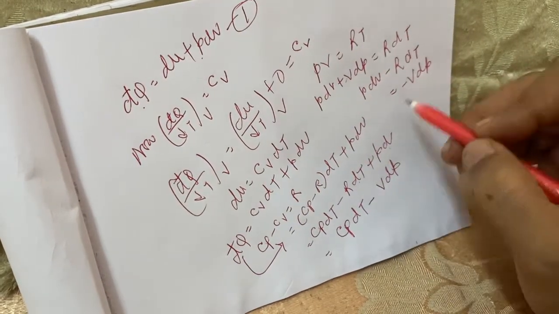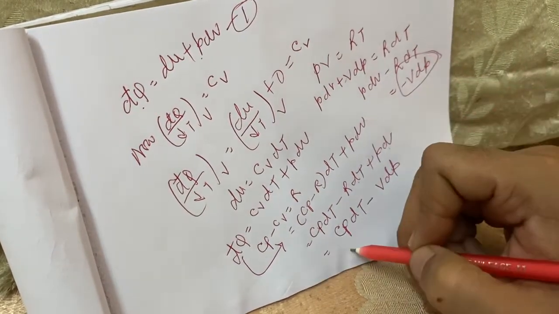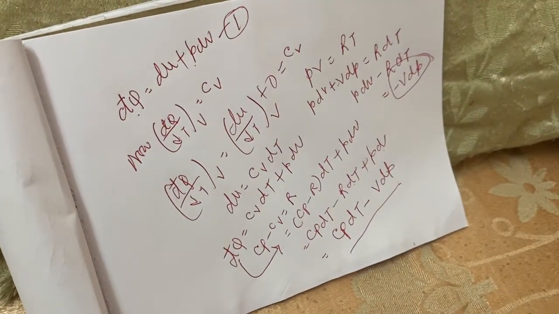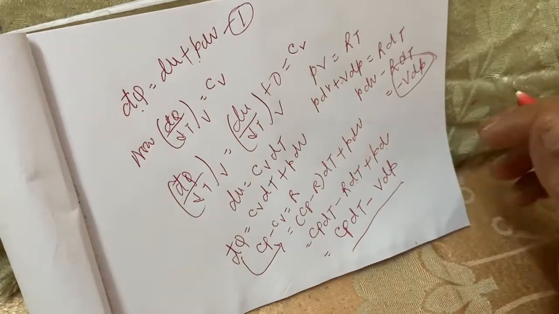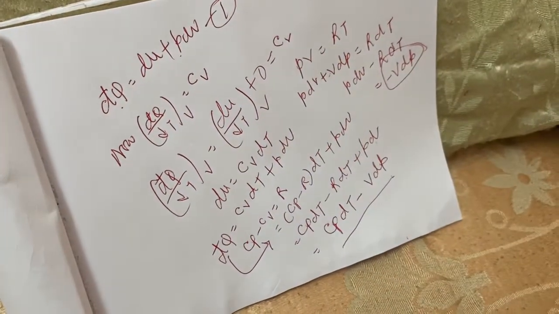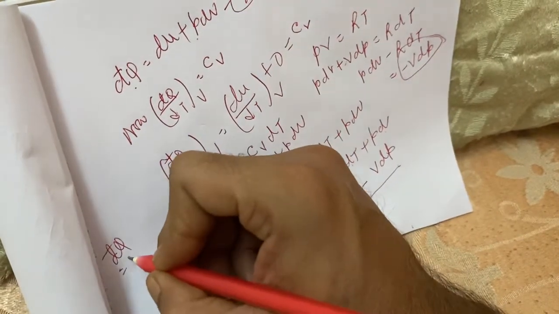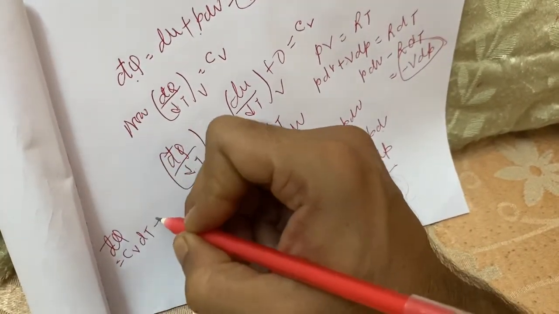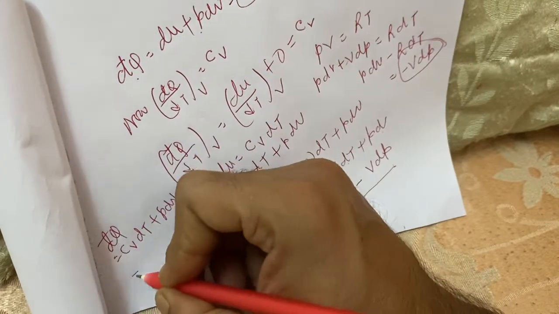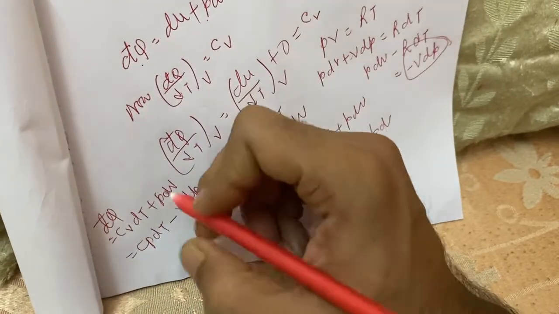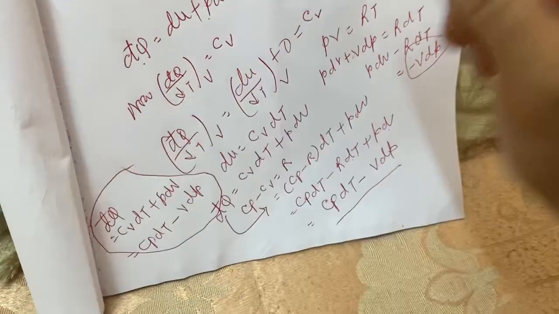So, dq we can write as Cv dt plus P dv or Cp dt minus V dp. Very important equation.